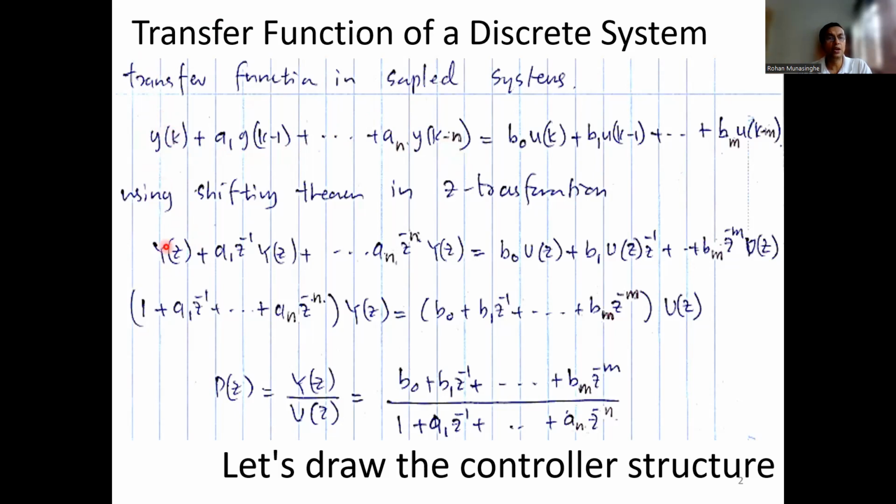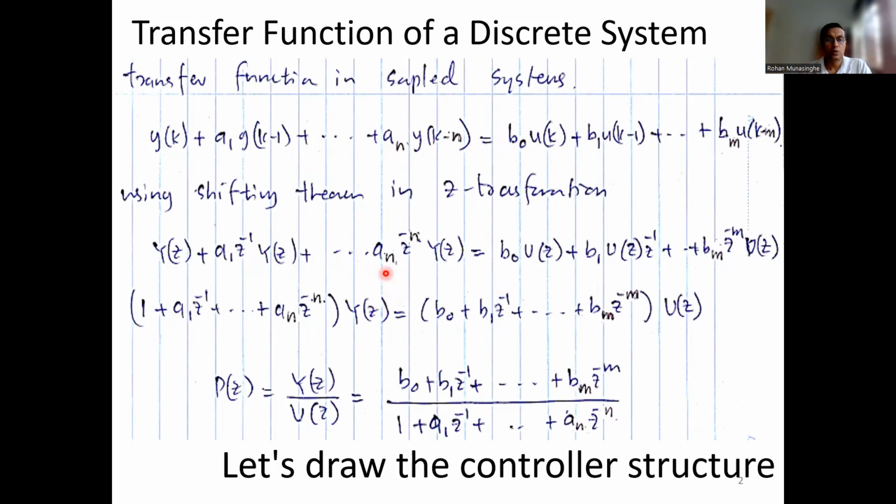So you can write this down as Y(z), this one as Y(z), in front of that z to the minus 1, and so on. So all these terms can be written in the Z domain with Y(z) and U(z) with respective z to the minus power, representing the time shift, okay.